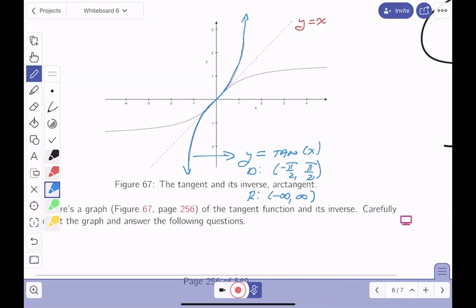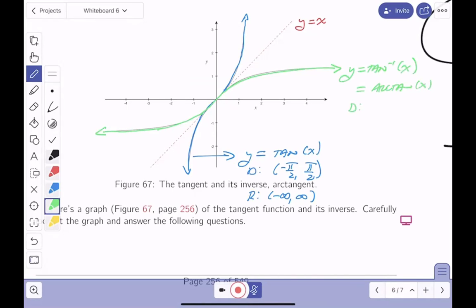All right. The other one is the rotation of that tangent function around the line y equals x, and that would look like this. What are we going to call that? We're going to call that the inverse function, which is tan inverse, or if you prefer, arctangent of x.